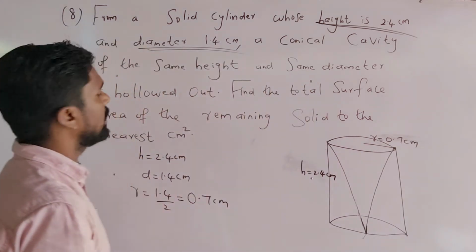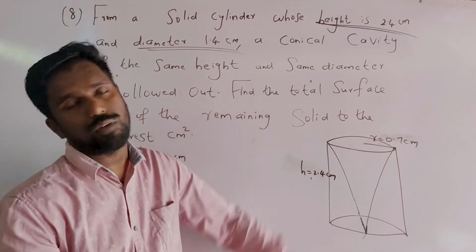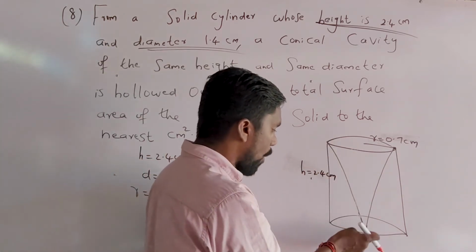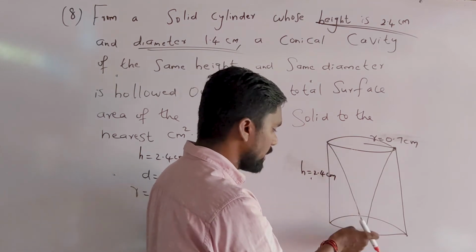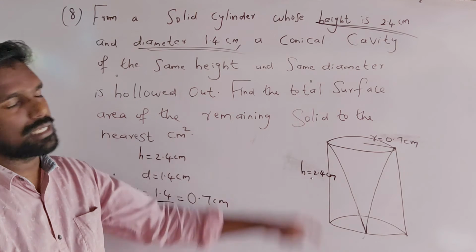It is given in the question that the height of the cone and the height of the cylinder are the same. That means from top to bottom, the cone is there.